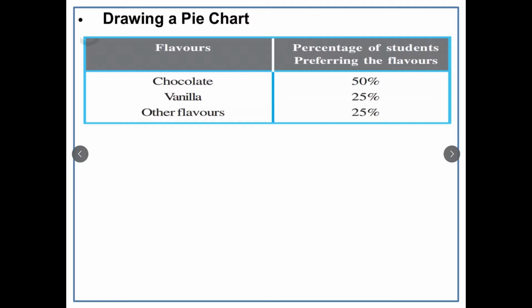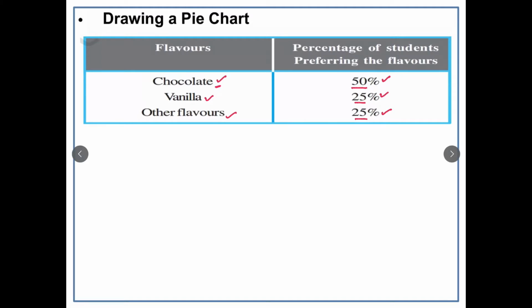A group of people is asked about their favorite flavor. 50% of the people like chocolate flavor, 25% like vanilla flavor, and 25% like other flavors. So this is the information given to us.